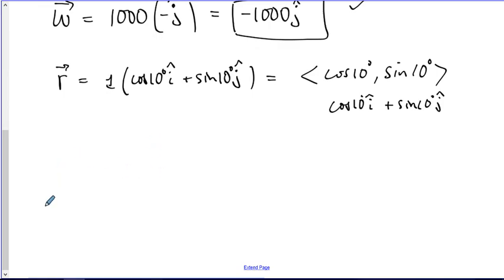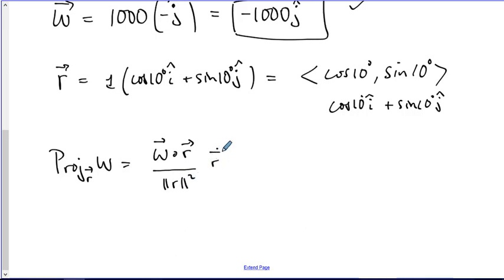So now all I need to do to use everything that we've developed in this section is say I'm looking for the projection of the weight onto the ramp, and that would be the weight vector dot ramp vector. It doesn't matter what order I put this in, because the dot product is commutative. Then I divide by the magnitude squared of the vector I'm projecting onto, and then multiply by that vector.